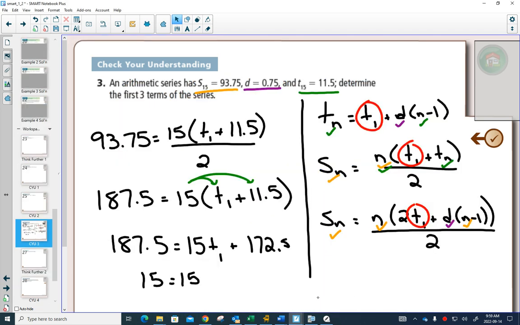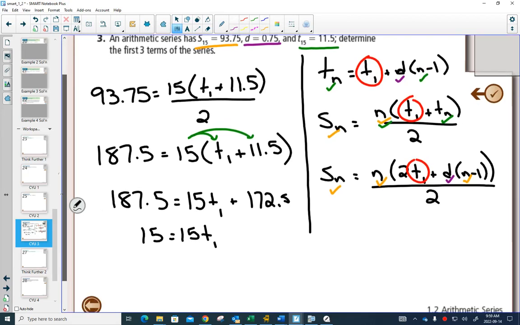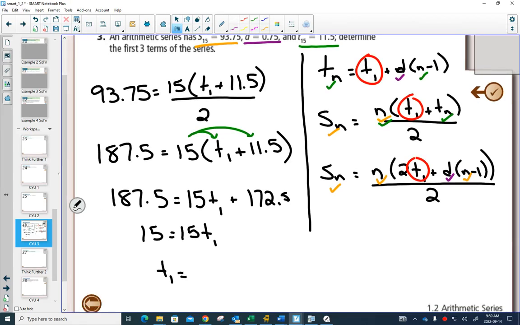And then divide both sides by 15, and we get term 1 equals 1. Once you have term 1, you know what D is already.